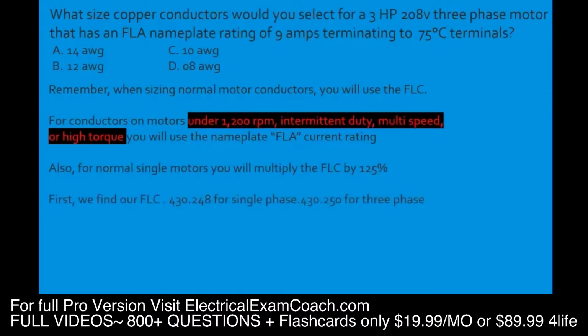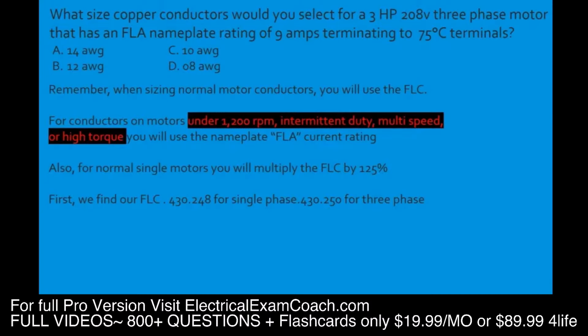So first we go find our FLC. We go to table 430.248 for single phase, and we go to 430.250 for 3-phase. When we get to the table, we start on the left-hand side. So we look back at our question. It says 3 horsepower, and it also says 208 volts.